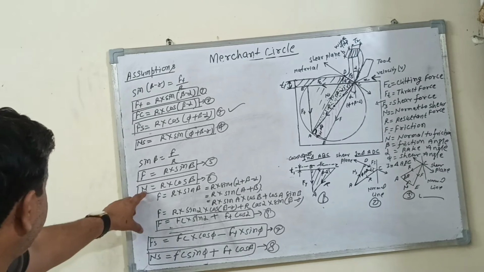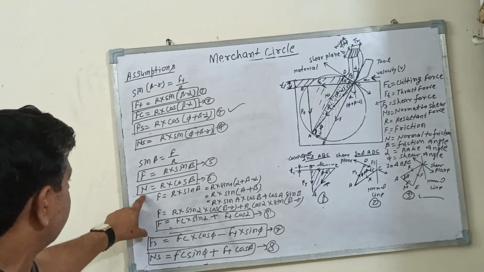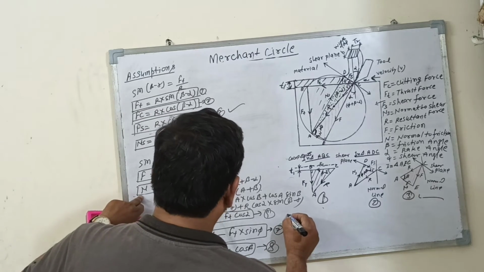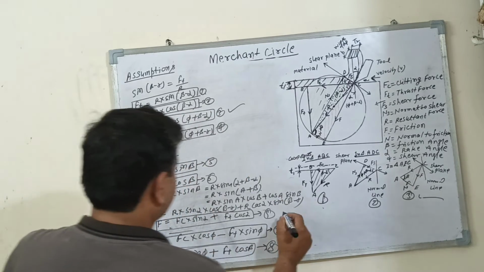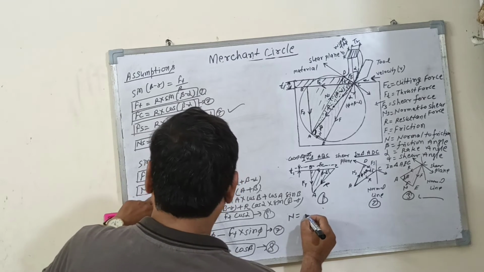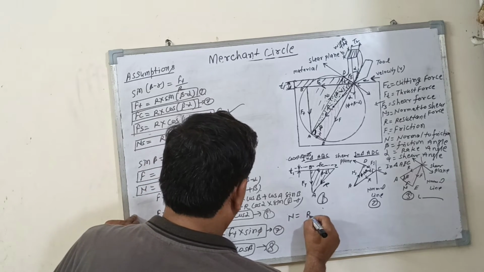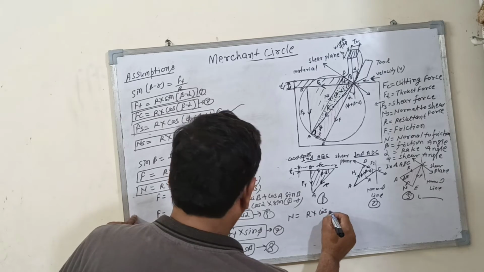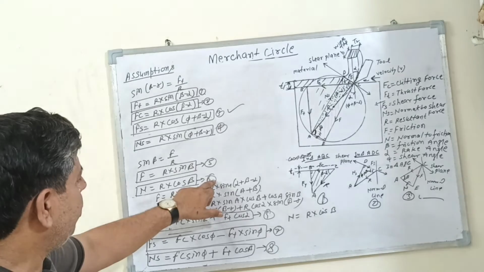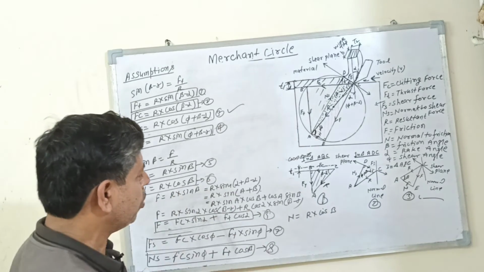From the value of N, from the equation number 6, N is equal to R into cos b.